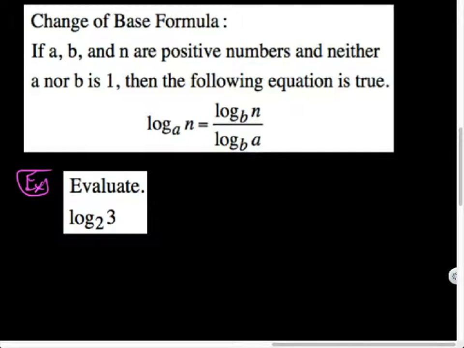So if I want to figure out what log base 2 of 3 is, what this is saying is I could rewrite the base as the log in the denominator, and the number as the log in the numerator, where I have 2 logs of any base. So b could pretty much be anything. It's got to be positive and not 1, so I could write this as log of 3 divided by log of 2.